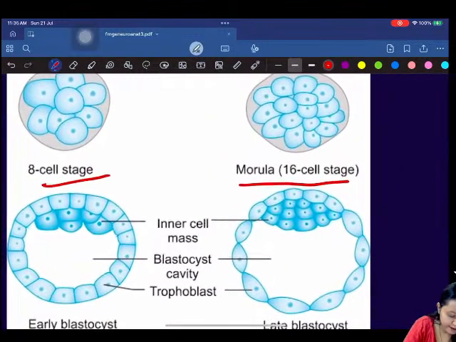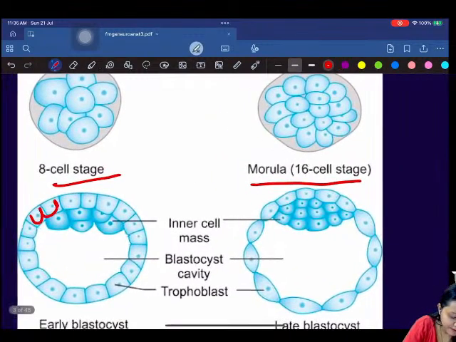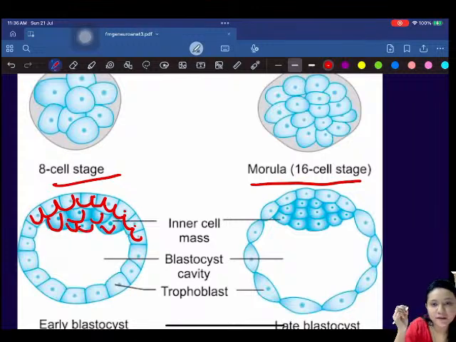So some cells will go on the side, and few cells will accumulate on one side. ठीक है. इतना तक समझ में आ गया. And there is a first cavity formed. Cavity 1 forms.